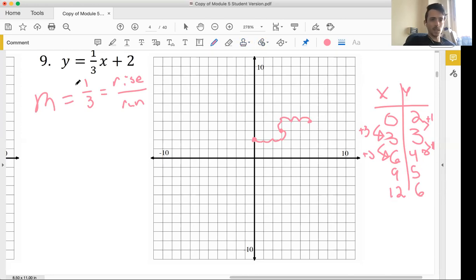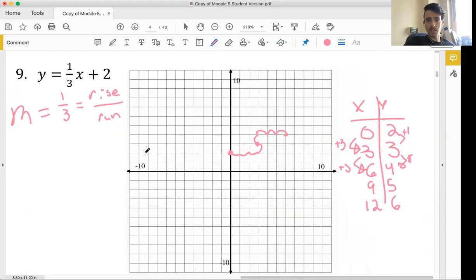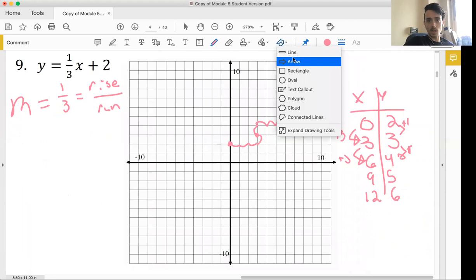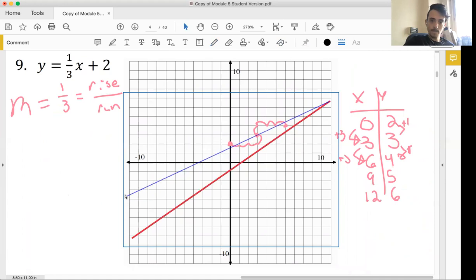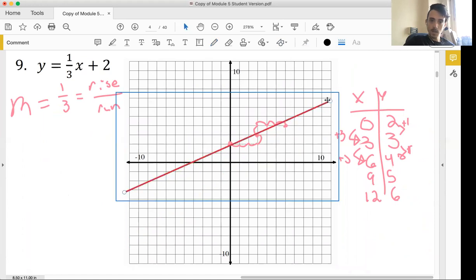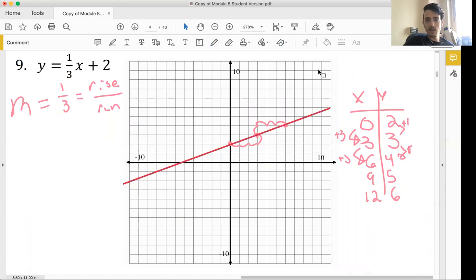The point that they were asking us to clarify on, I think, was 3, 5. So we see pretty clearly that 3, 5 is not going to work. And I'll even show on the graph why that's not happening. So we want to hit all these points. Again, your line should be straight. Maybe use your ID, use a textbook, use something that's a straight edge so that your line looks nice and neat.